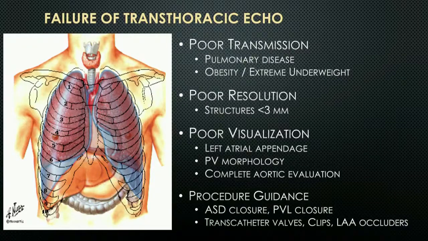If you really want to evaluate it, you will need TEE. Pulmonary vein morphology and flows are oftentimes best assessed on TEE, and a complete aortic examination, that which will be allowed by the trachea and shadowing of that, is also best done with a TEE or other modality.